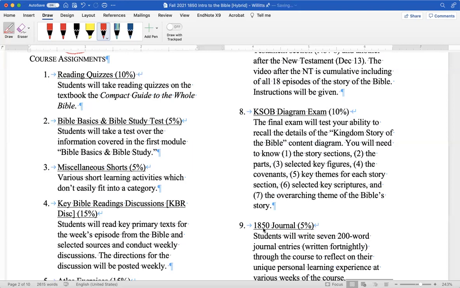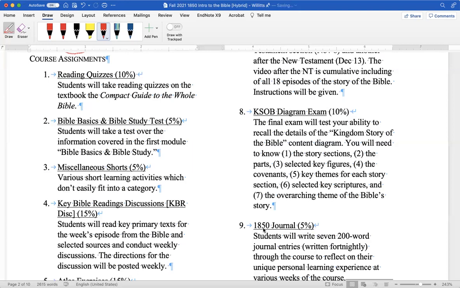Okay, well, let's jump in and go over these briefly. I don't know that we have to say much about reading quizzes. You'll take a reading quiz over the chapters in the Compact Guide to the Whole Bible. Learning activity, assignment number 2 is a test.